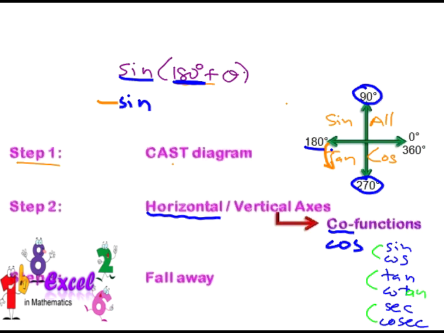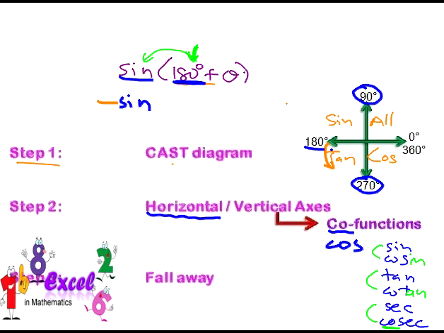Cotan is what the abbreviation cot stands for. Cosine is what the abbreviation cos stands for. And you can see there, sec and cosec are co-functions of each other. But that only applies when you are working with a vertical axis inside your brackets. Then you would change the function in front into its co-function.